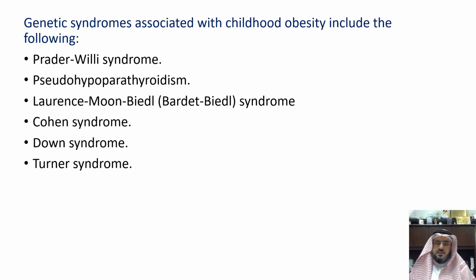What are the genetic syndromes associated with childhood obesity? Number one, Prader-Willi syndrome. Number two, pseudohypoparathyroidism. Number three, Laurence-Moon-Biedl syndrome. I think you have to read all three syndromes very carefully, common in clinical practice, and you have to rule them out in any childhood obesity.